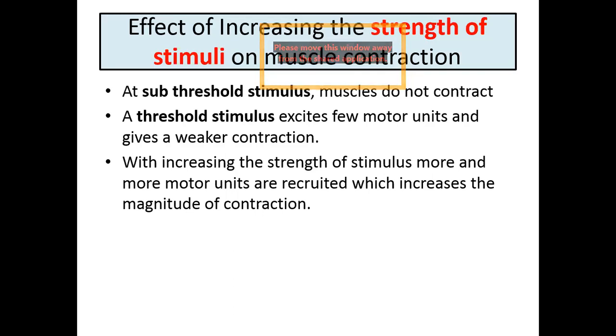They are called as the small motor units. And with the increasing in the strength of the stimulus, when there is recruitment of motor units, the larger sized motor units are going to be activated in addition to the smaller sized motor units. Okay, so this is what you need to remember.